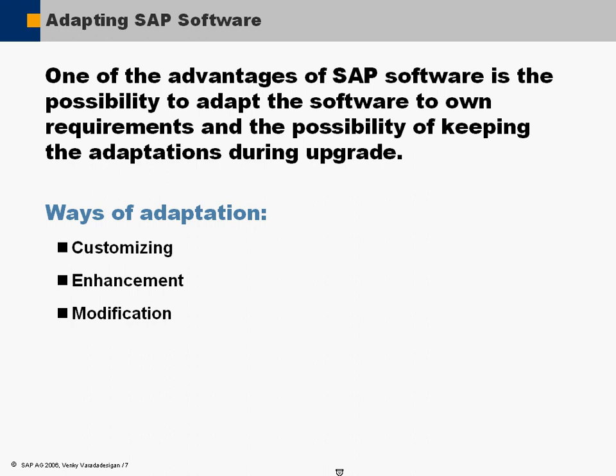So in SAP typically we have three kinds of adaptations possible. The first and foremost is customizing. SAP provides the implementation guide, SPRO transaction in ABAP, using which you can customize the SAP software, and typically this is done without any coding required.